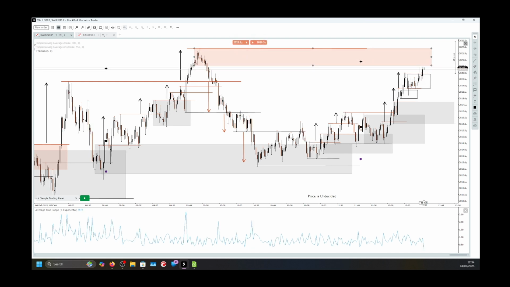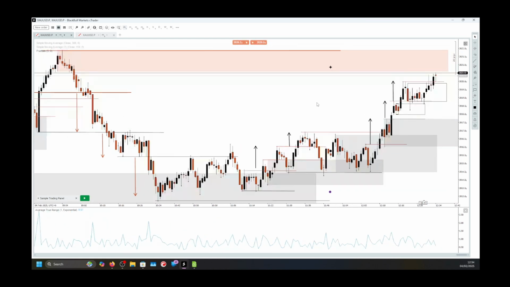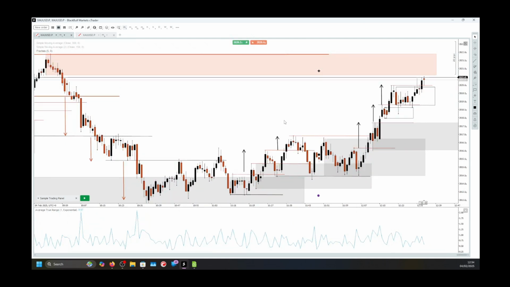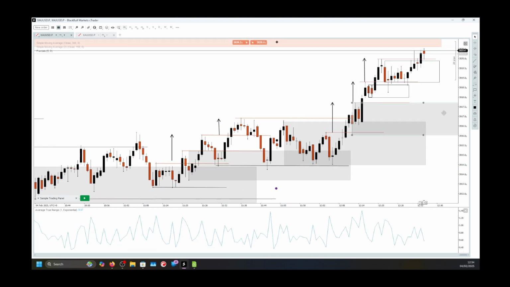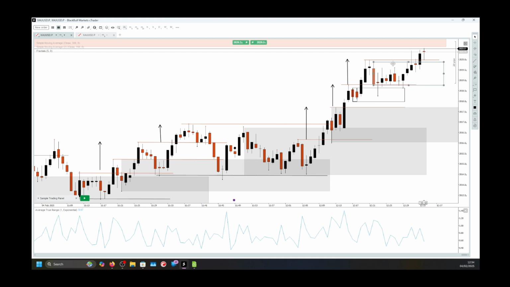See, it's right in there. So just look at it, little micro levels now. See how just those two bearish candles and price reacted off of them.